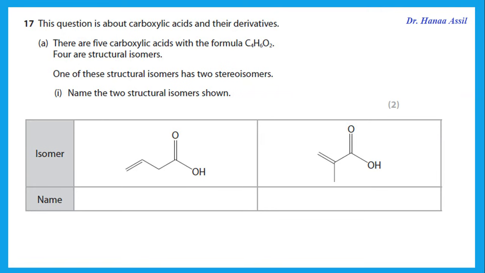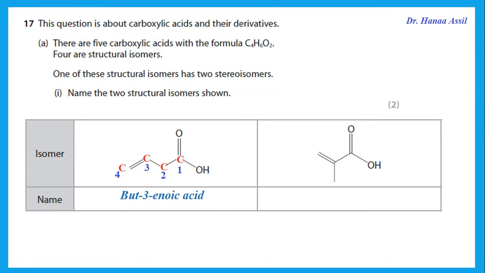Of course, these are skeletal formulas, and you should be familiar with skeletal formula. This means we have 4 carbons, so this is actually but- with acid at the end, so this is butanoic acid. We start counting from the acid part, so that means at carbon number 3 we have an alkene, so but-3-enoic acid or 3-butenoic acid.